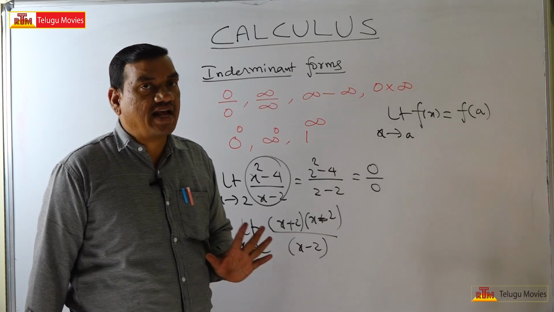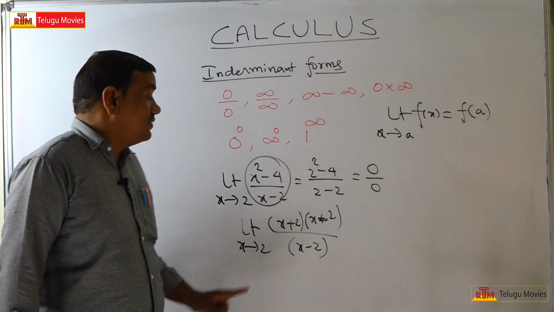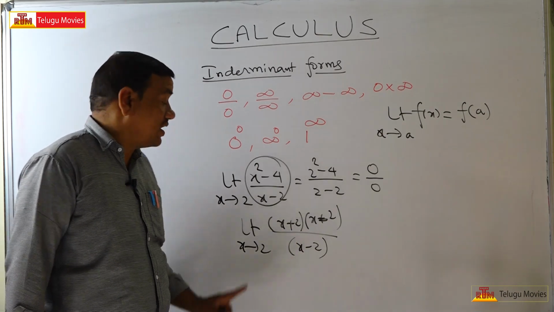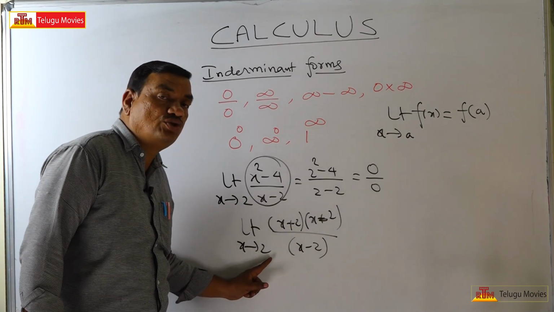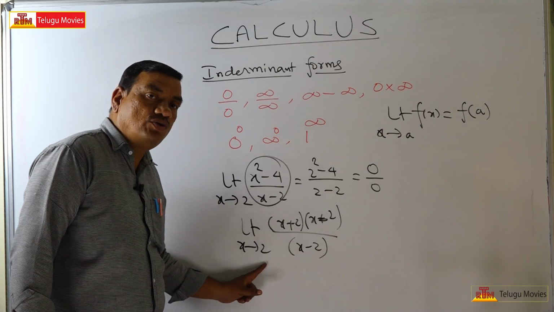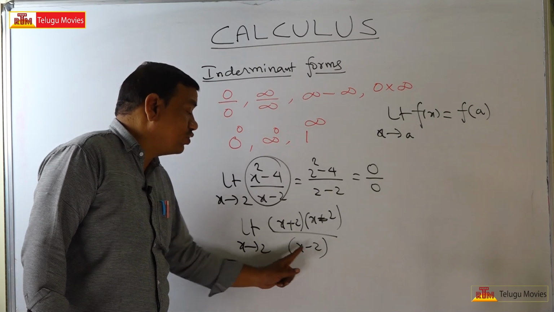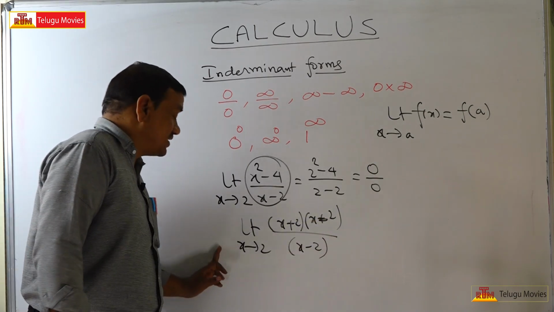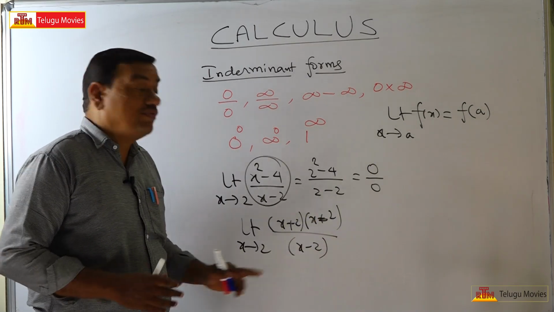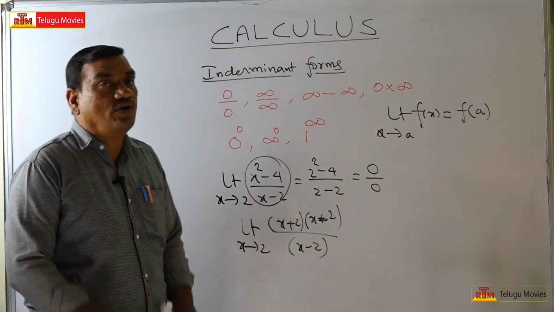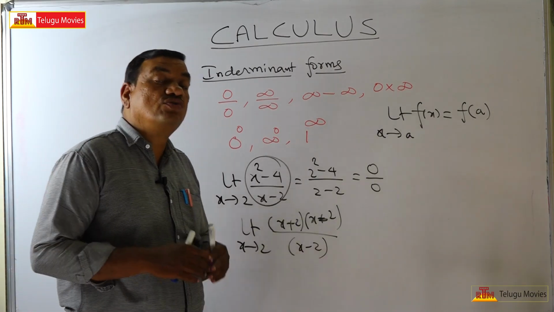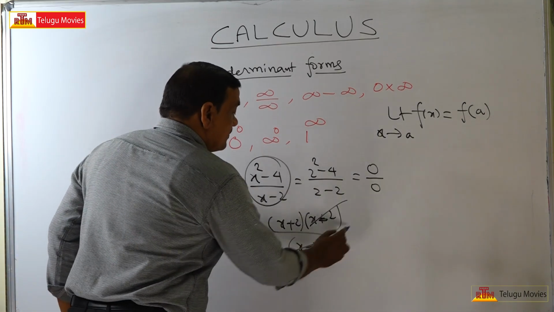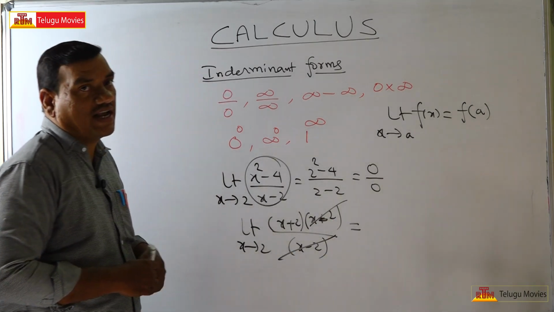Here x minus 2 cannot be equal to 0, because as x approaches 2, x cannot be equal to 2. If x is equal to 2, then 2 minus 2 is 0 and 0 by 0 will come. So as x approaches 2, x minus 2 cannot be equal to 0, and then you can cancel x minus 2.